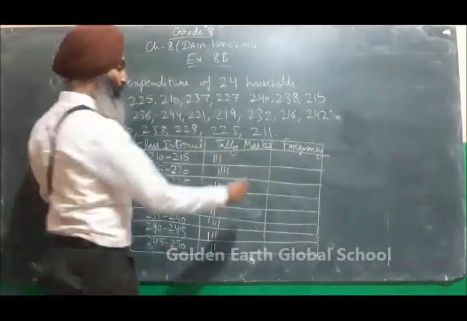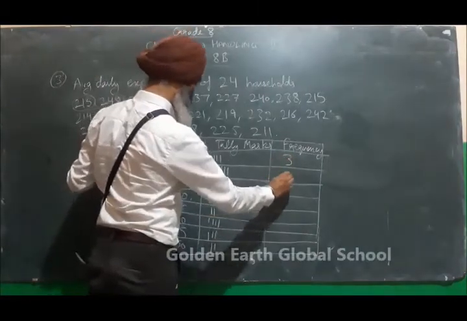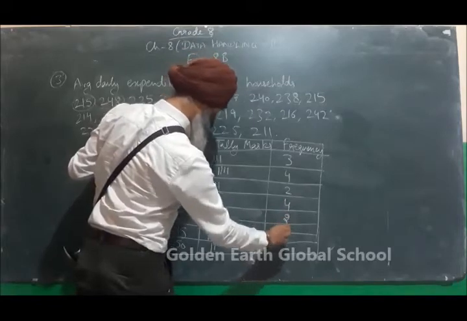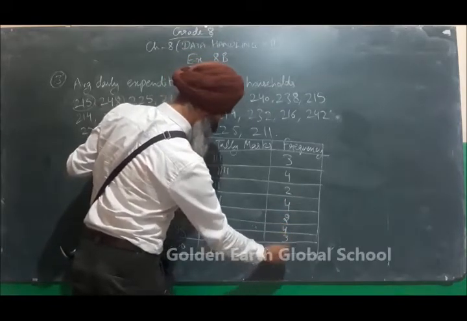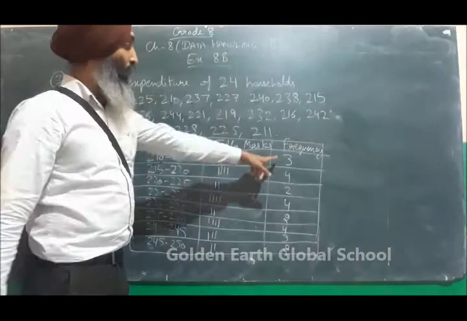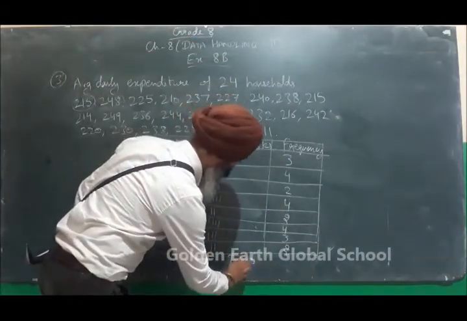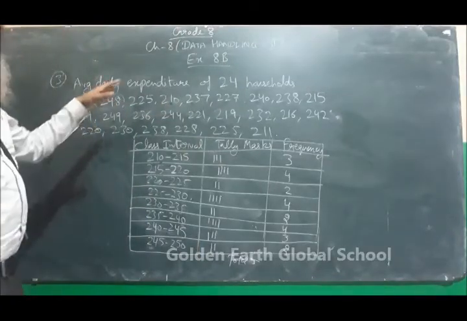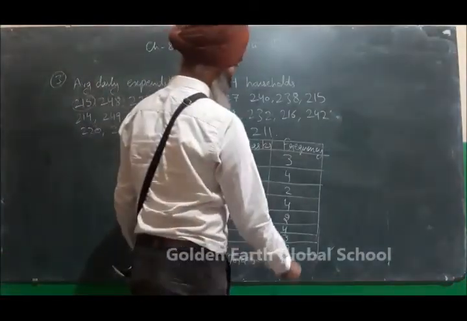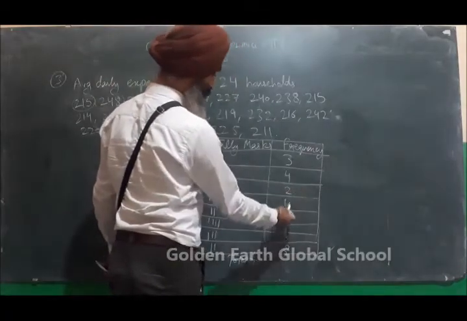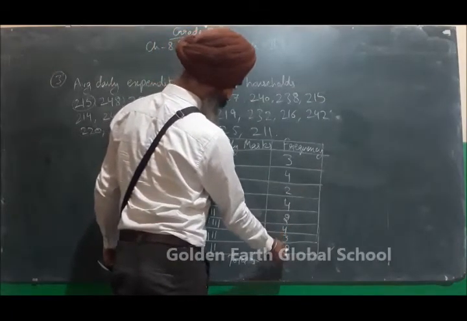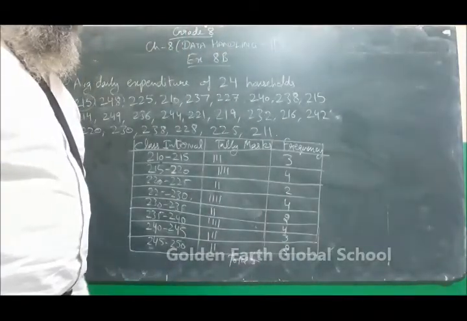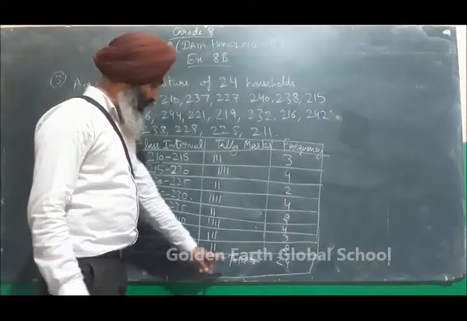So now count the frequencies. It is 3, 4, 2, 4, 2, 4, 3, and the last one is 2. And you will also write down the total. The total is always equal to 24, because there are 24 households. So you can count. So let me see. So the total is 24.